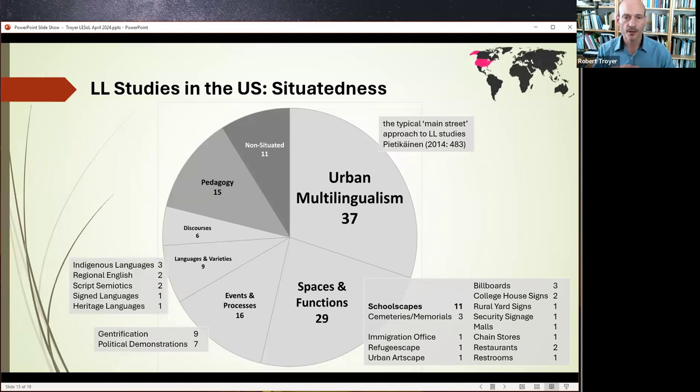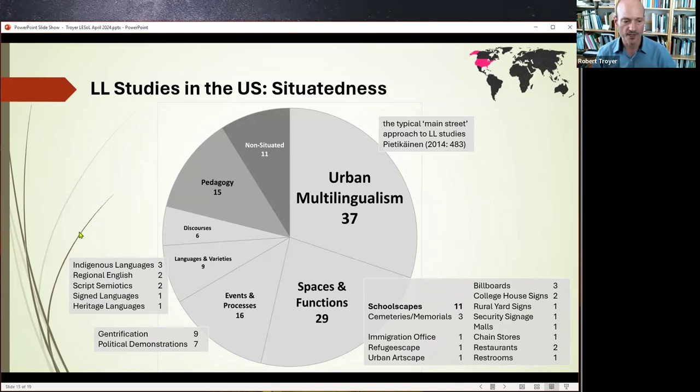I also saw in looking at all of these articles that some of them were very much focused not so much on a specific space or a specific event, but on a language or a variety. And so there were 3 articles that were really focused on documenting indigenous languages in the United States, like Navajo, and their presence in the linguistic landscape and the importance.